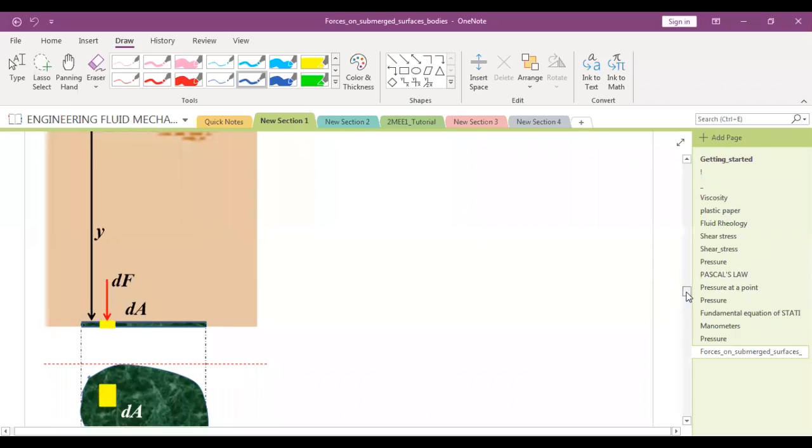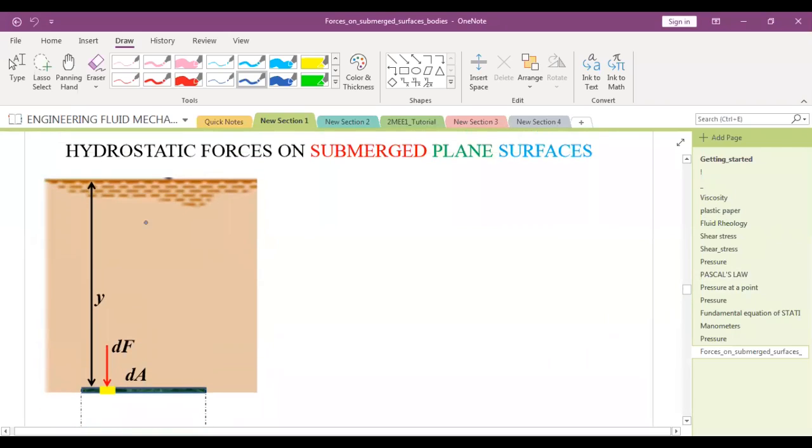No disturbance, please. This is the surface that is submerged, and say this is at a distance y from the free surface. So this is the free surface and the horizontal surface is at a distance y from the free surface.